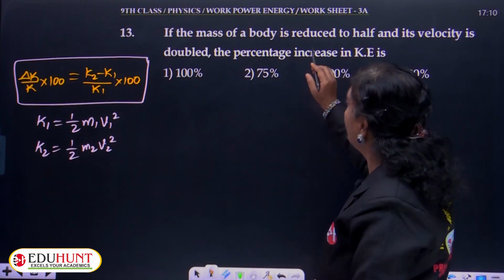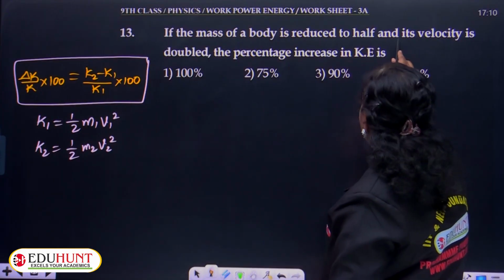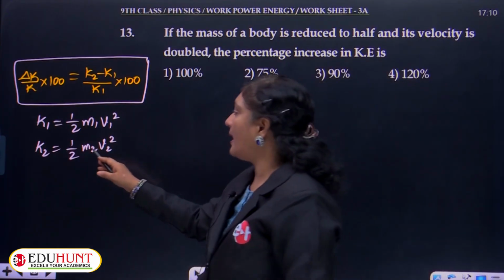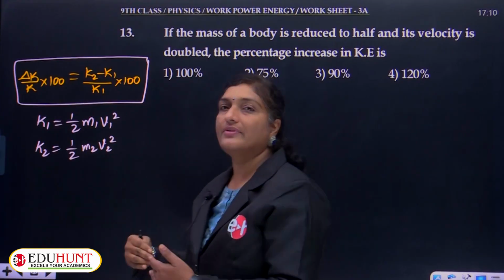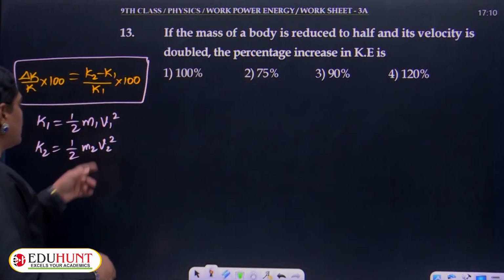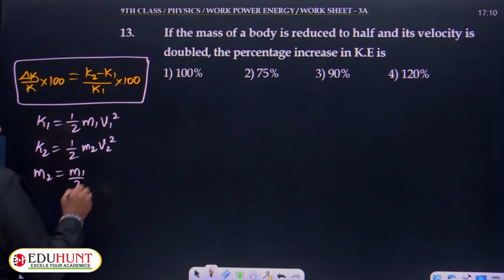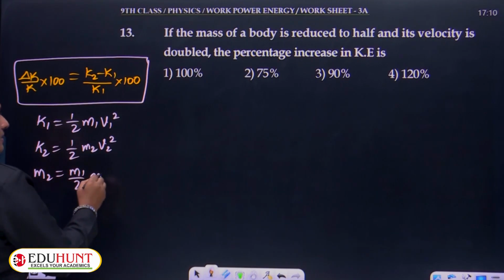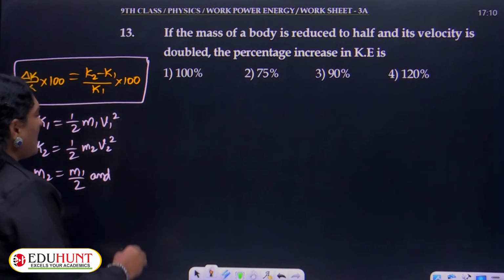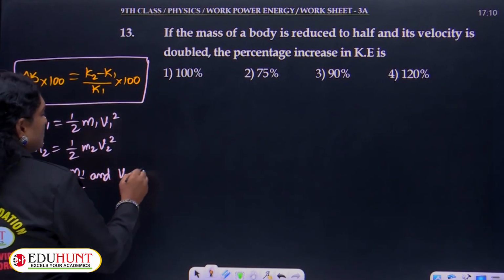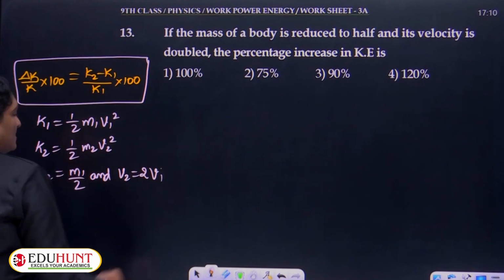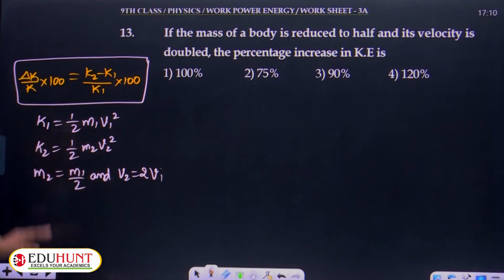But here, the mass of the body is reduced to half. The new mass is half of the old mass. So, M2 equals half of the old mass, and velocity is doubled. V2 equals 2 times the old velocity. These are the things they have given.